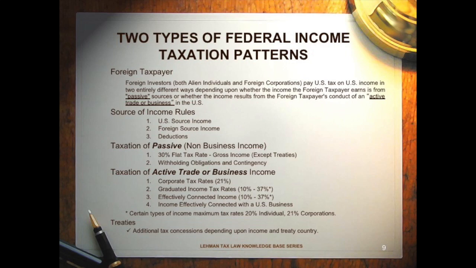There are several exclusions, though, even if it's U.S. source income, and we'll get to that. If they're making foreign source income, typically they are not going to be taxed on their foreign source income. Maybe under certain rare situations, they may also be taxed on the foreign source income.